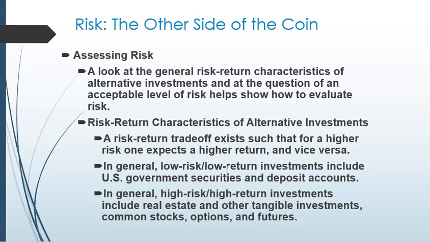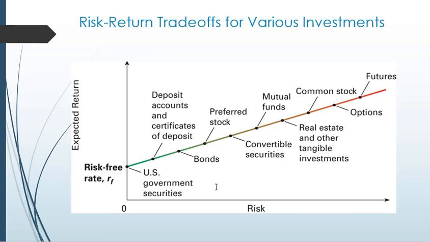In general, low risk gets low returns. And in general, high risk, high return investments include things like real estate and other tangible kinds of assets. This extends to common stocks, options, and futures. So we're looking at our spectrum of securities that we'll be talking about throughout these videos.